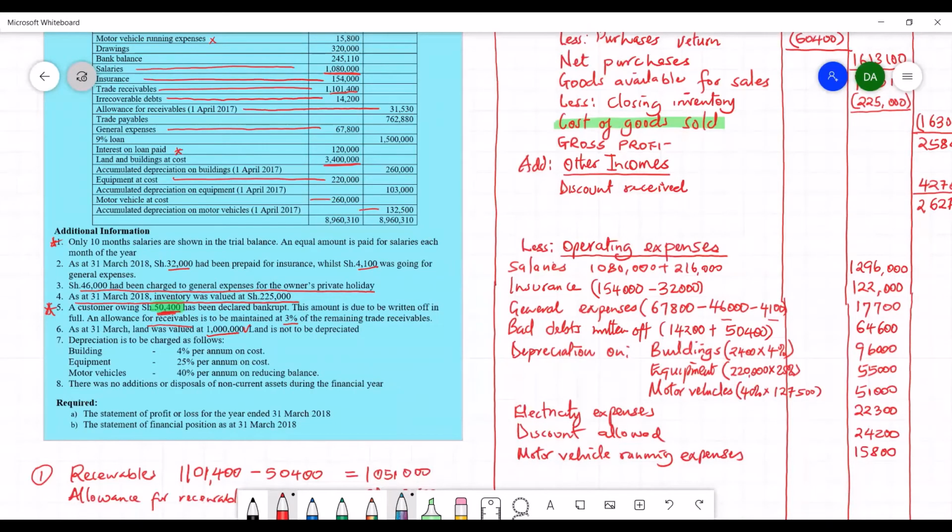The next one is interest on loan. And we are told that interest on loan is 9% because we are told here that a 9% loan, that is to mean that the interest on loan is 9%. So we need to check whether the correct interest was paid, because assuming the correct amount was not paid, then we just consider 9% of the loan as the interest. The loan is 1.5 million. 9% interest on that amount, that is 1.5 million times 9%.